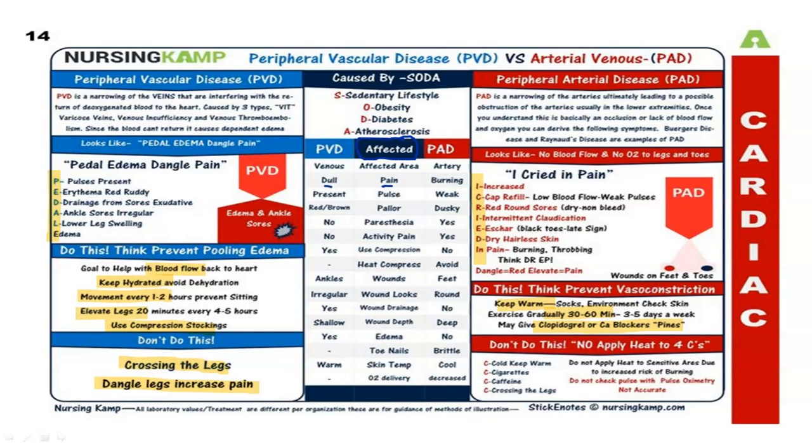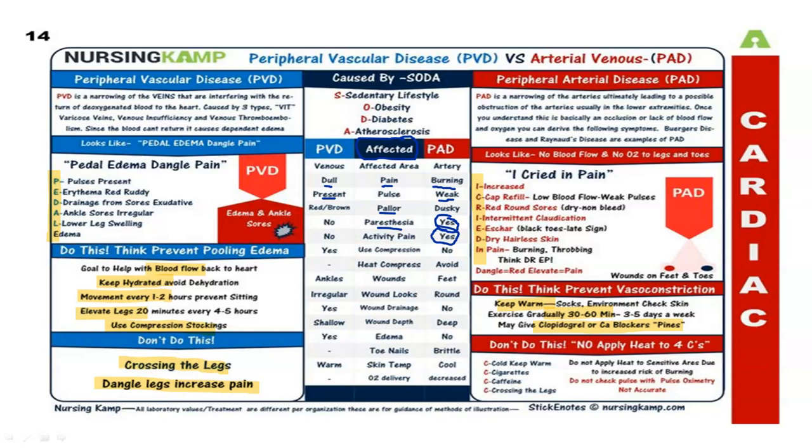Well, we said no, but you could have some cramping over here. And PAD, yes, we do expect pain. PVD, I would expect a pulse. Over here, I would expect diminished pulses, weak pulses. Color changes. Paresthesia. I do expect paresthesia with PAD.